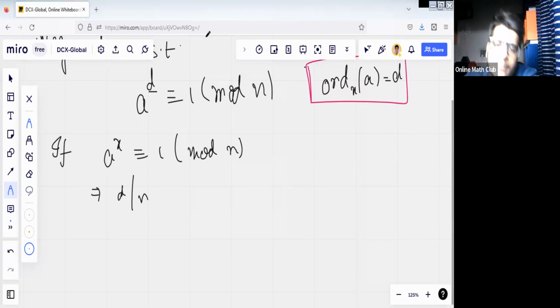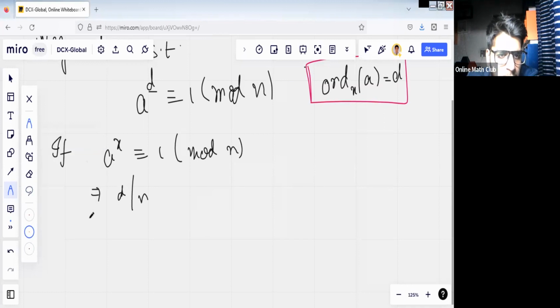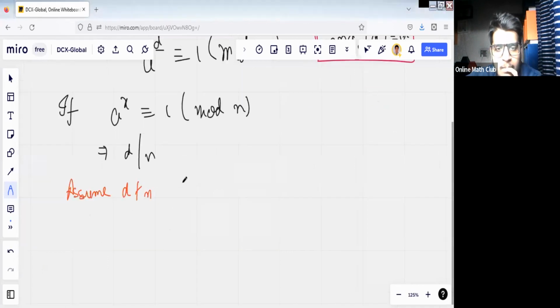Okay. Assume d does not divide n. Then let n be dt plus m.